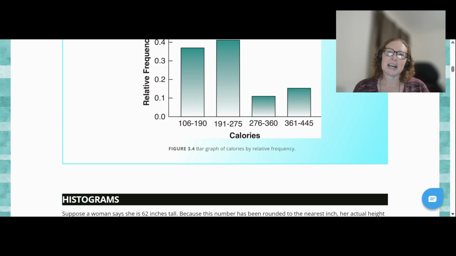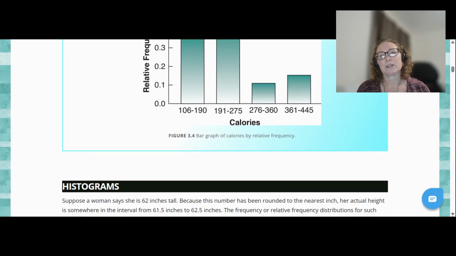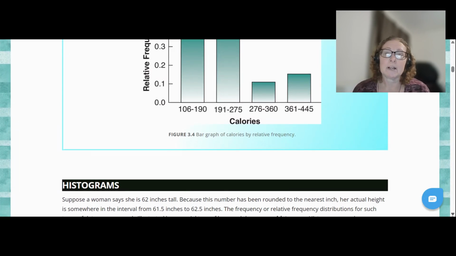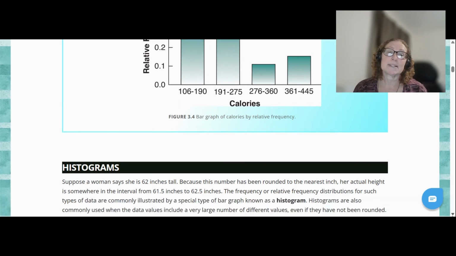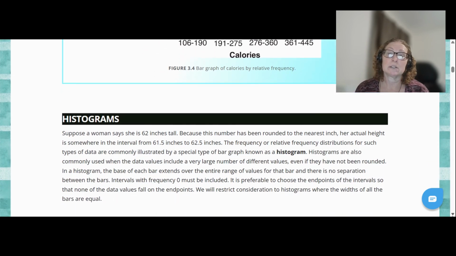When you have a smaller data set like the A's through the F's, it was a lot easier to show it as the number of A's, the number of B's, C's, D's, F's. In this situation, it just makes more sense to group the data together so that you get a better picture of what is actually going on.